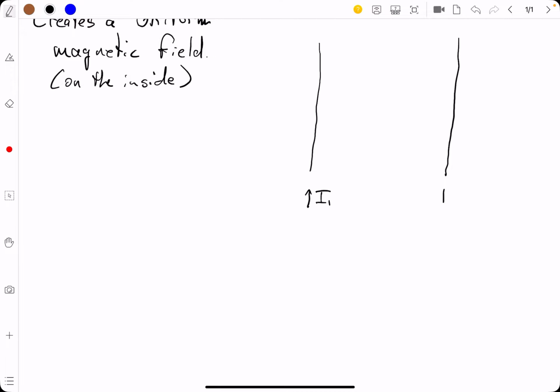So here's I1 and here's I2. There's a distance R between them.